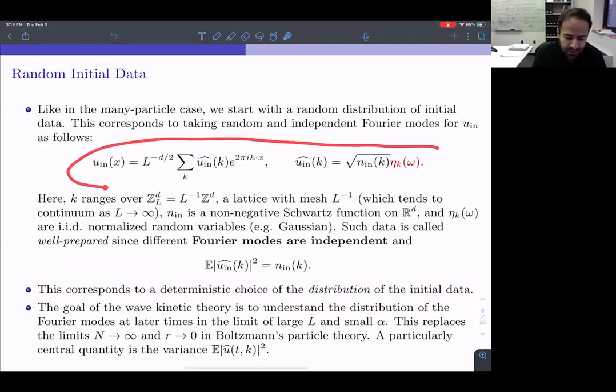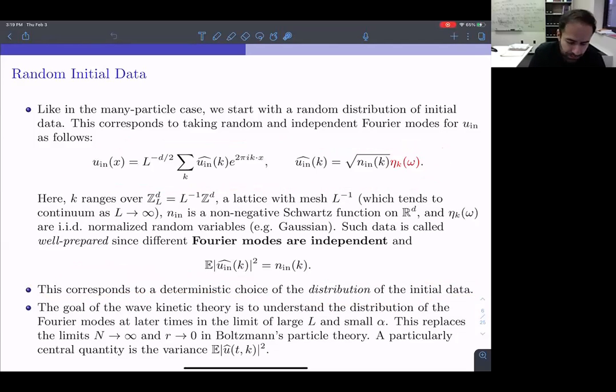Here, I'm just being more precise about what this distribution is. It corresponds exactly to a deterministic distribution of initial data, but I'm writing this distribution in terms of how the initial data look.